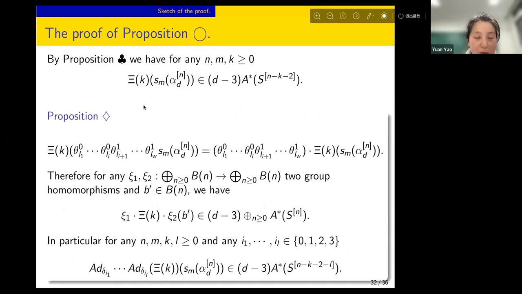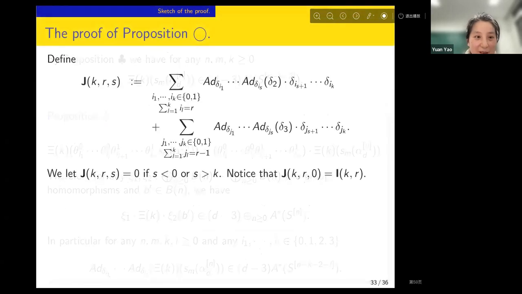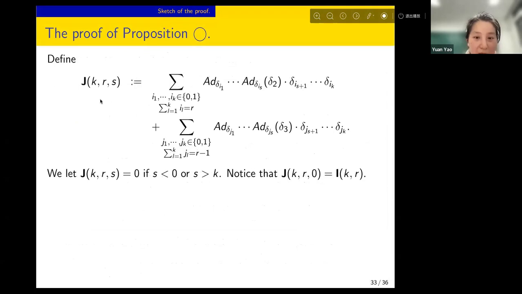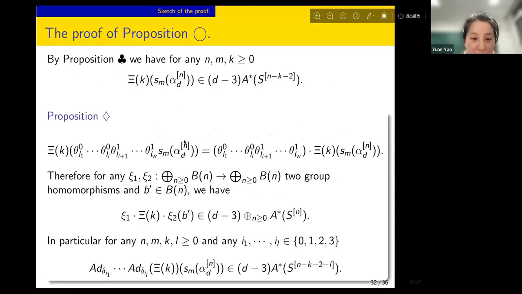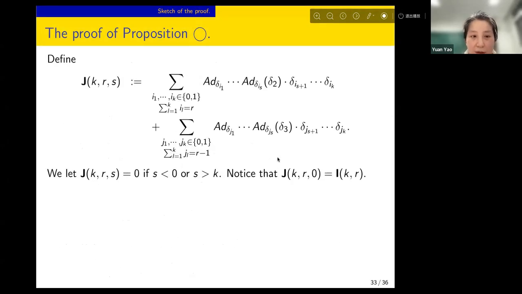Now what we want to prove is proposition circle. So now we get another expression, J. What we want to prove is that IKR acts on some Segre integral, Segre class, and you get a multiple of D minus 3. Now we get JKRS, and when S equals 0 it is exactly what we want, IKR.